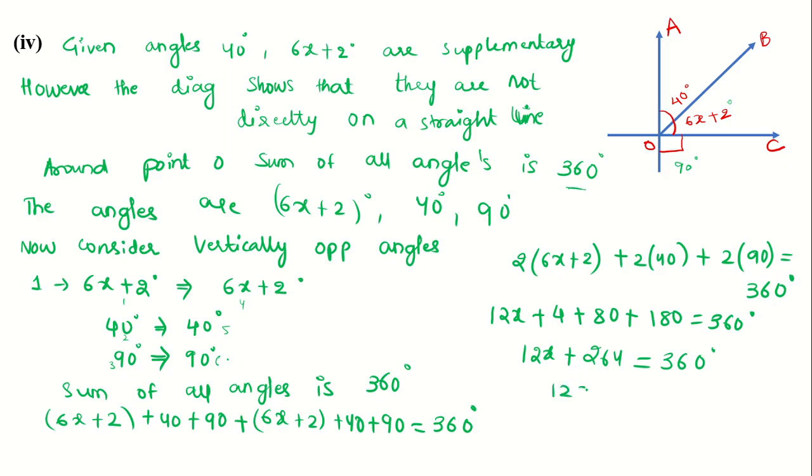Now 12x equals 360 minus 264, which is 96. x equals 96 by 12. 12 ones are 12, 12 eights are 96. So the x value of this question is 8 degrees. Right?